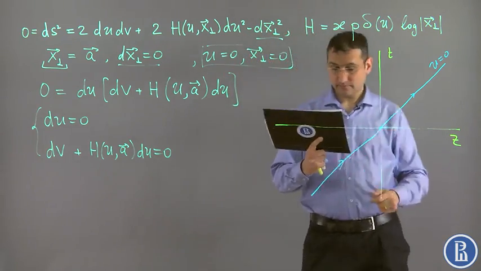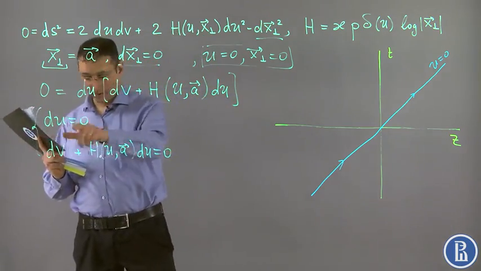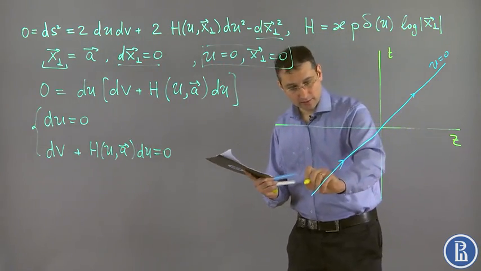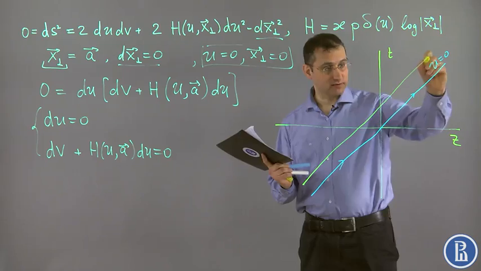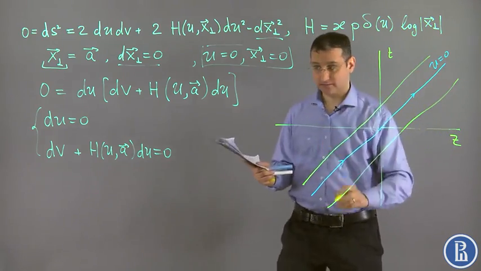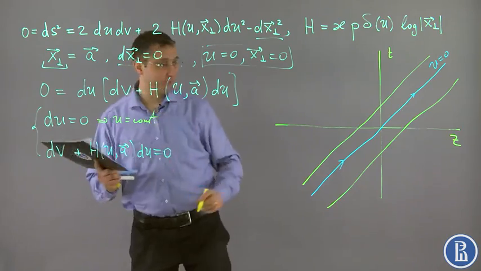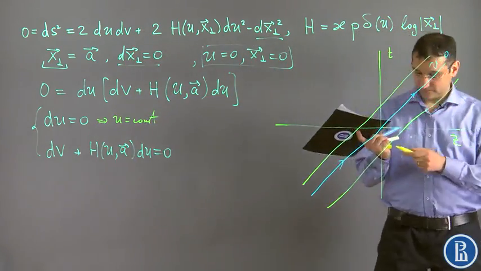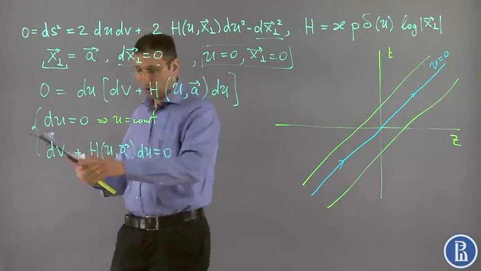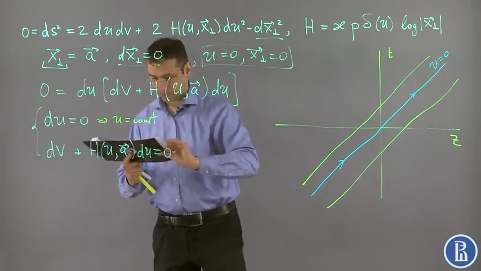Now, if there is a wave which travels parallel to this wave, somewhere here, it just doesn't feel its presence. This is u constant. These waves do not feel the presence of the shock wave that we're discussing. But what happens with those which travel along this world line?